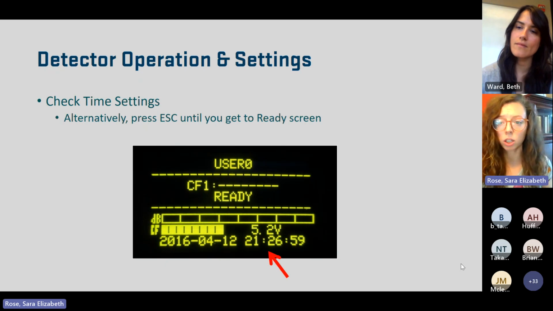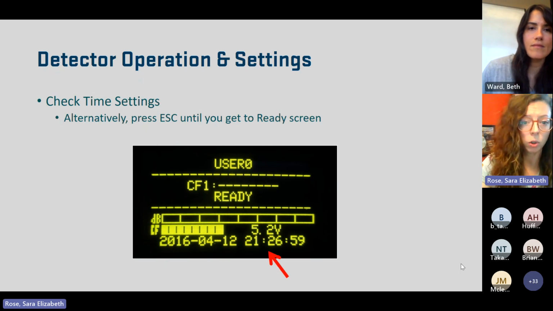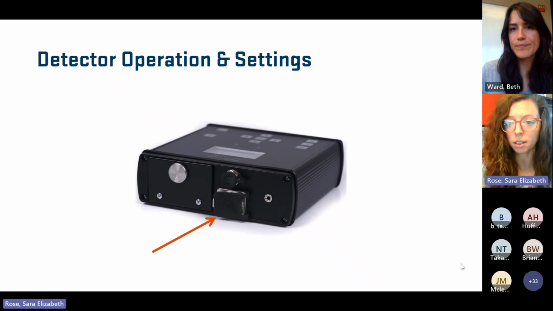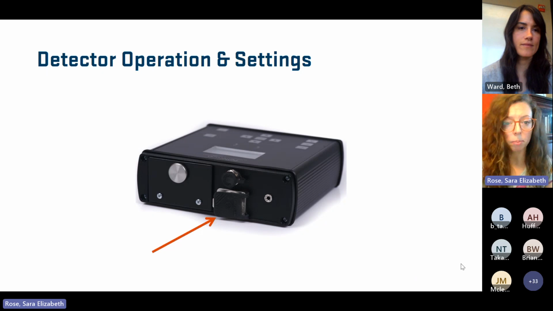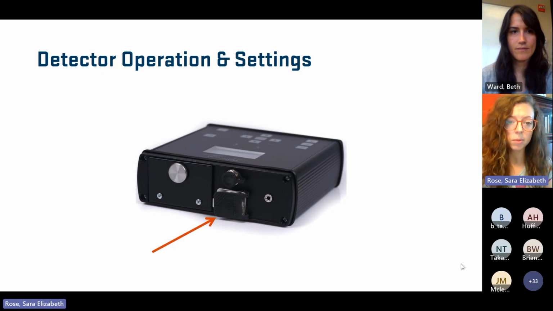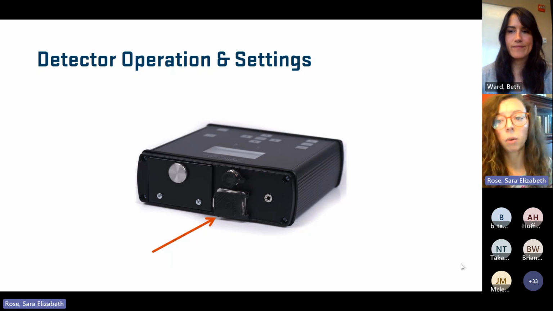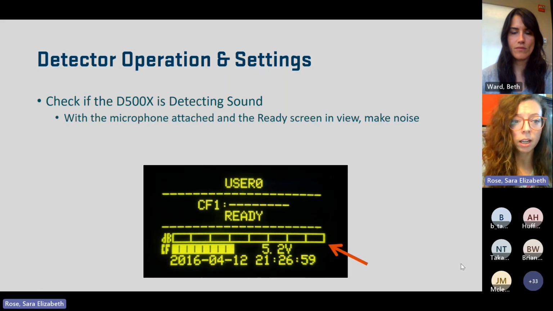You're going to do a quick once over to make sure that everything looks correct. And now is a good time to plug in your microphone to test it. So you plug the microphone into the top of the detector. It's a 5-pin, so you just want to make sure that your pins are lined up correctly. The microphone cable will click into place. You'll hear a distinct click. And once it is plugged in, you can go ahead and make sure that it's detecting sound.